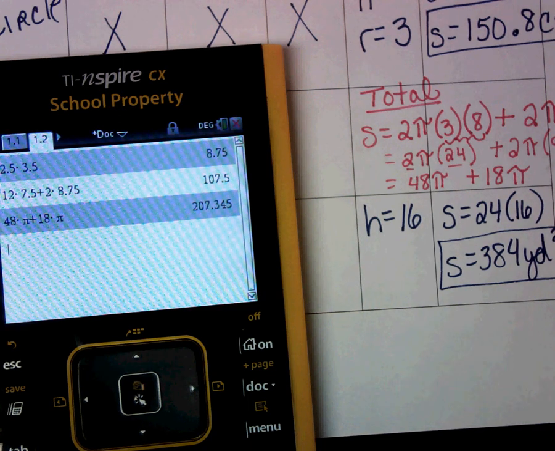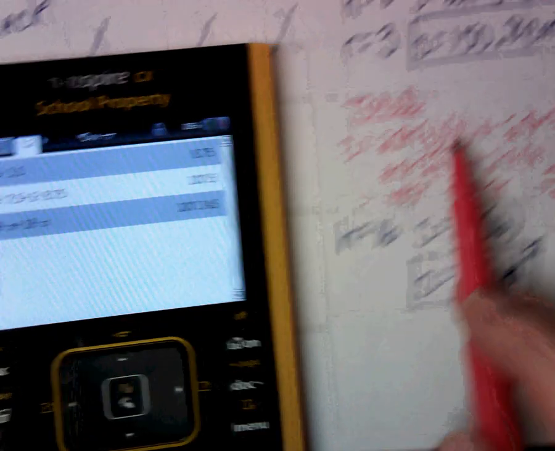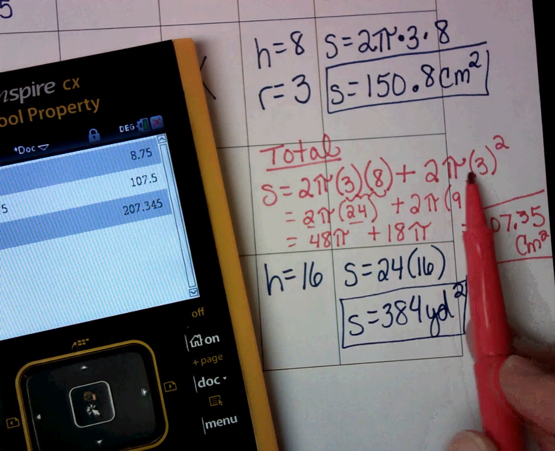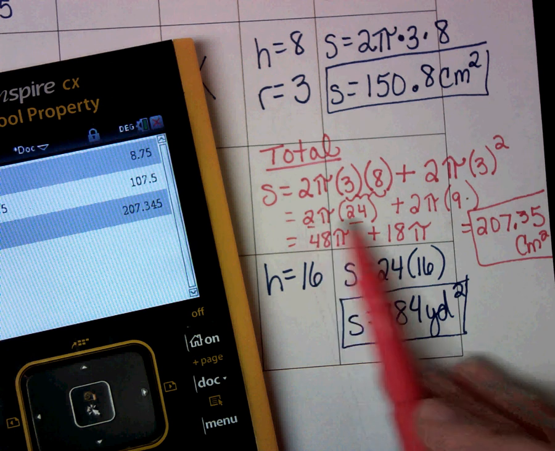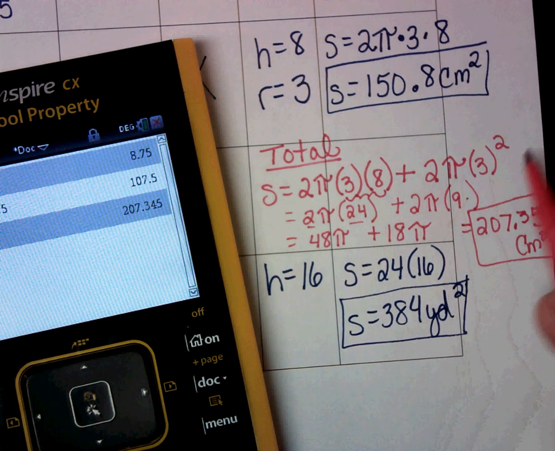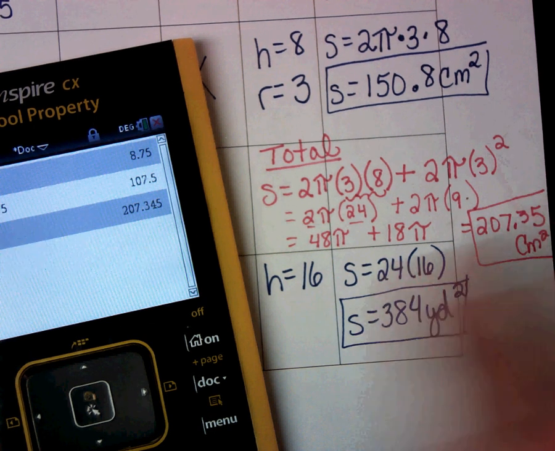So it's 207.35 centimeters squared. But I want to remind you again, you can plug the numbers in straight from right here. If you don't want to risk messing up, then plug it in straight like this. And make sure that how it's in your calculator looks exactly like it looks on your paper.